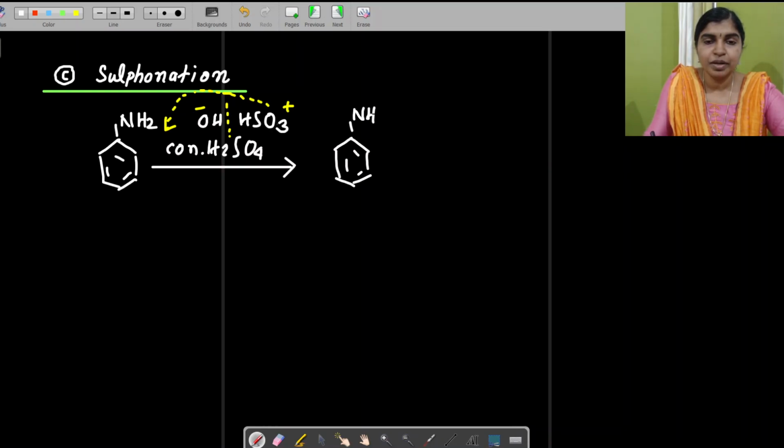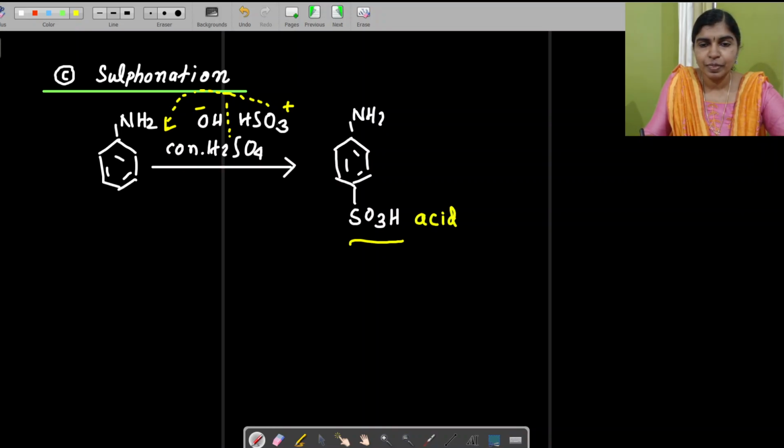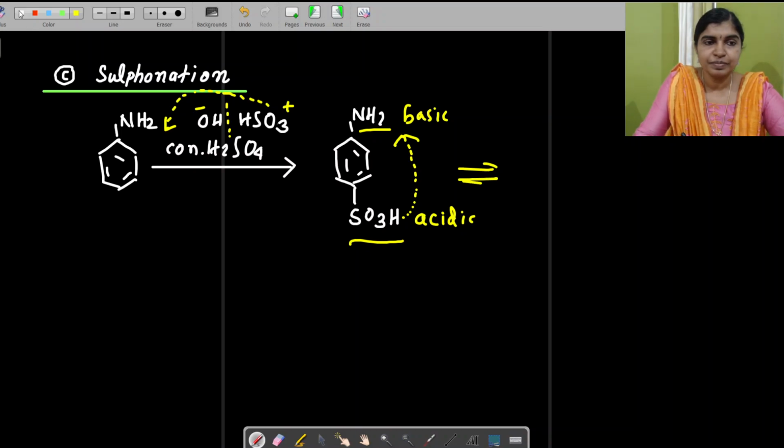Here NH2 grouping. Here SO3H group is substituted at the para position, that is a major product. And here there is an acidic group and basic group. This group is an acidic group and this is basic. And you can protonate this NH2 group. You can change the hydrogen from here to here, making a resonating structure for this compound.